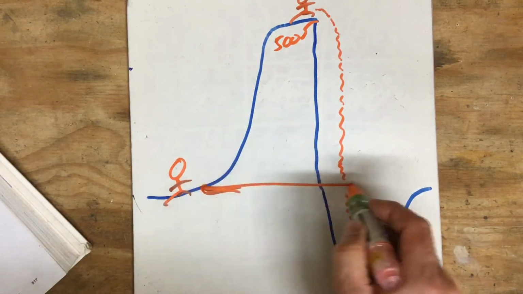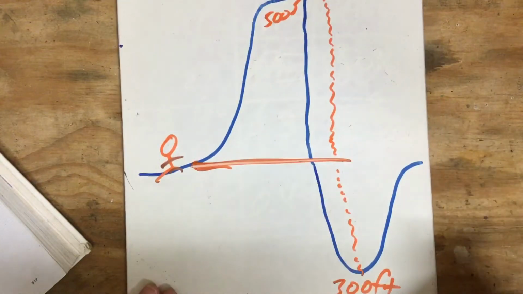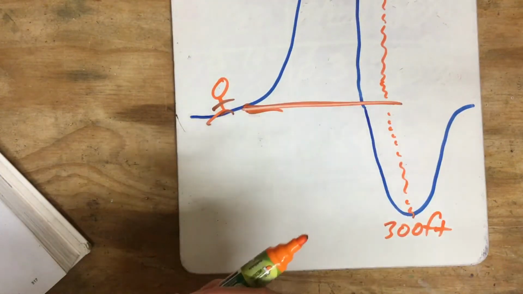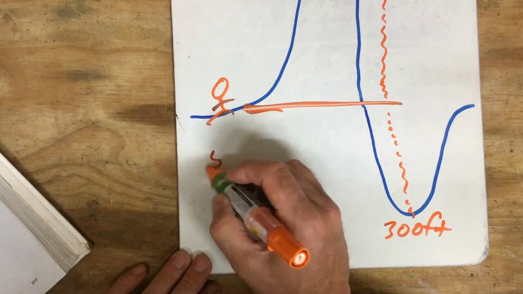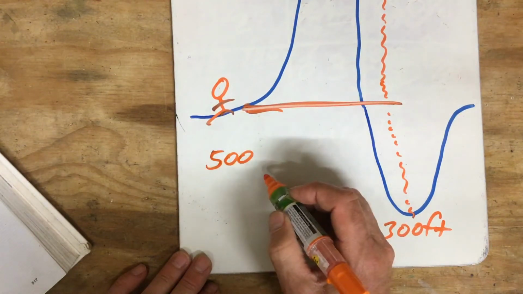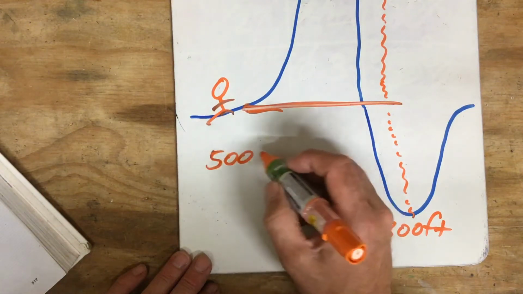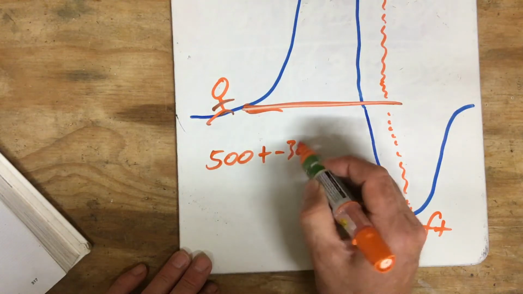Well, you'd say, okay, he fell 500 plus another 300. He fell 800 feet. How would I write that as a mathematical expression? You'd say 500, and then you would say plus a negative 300.